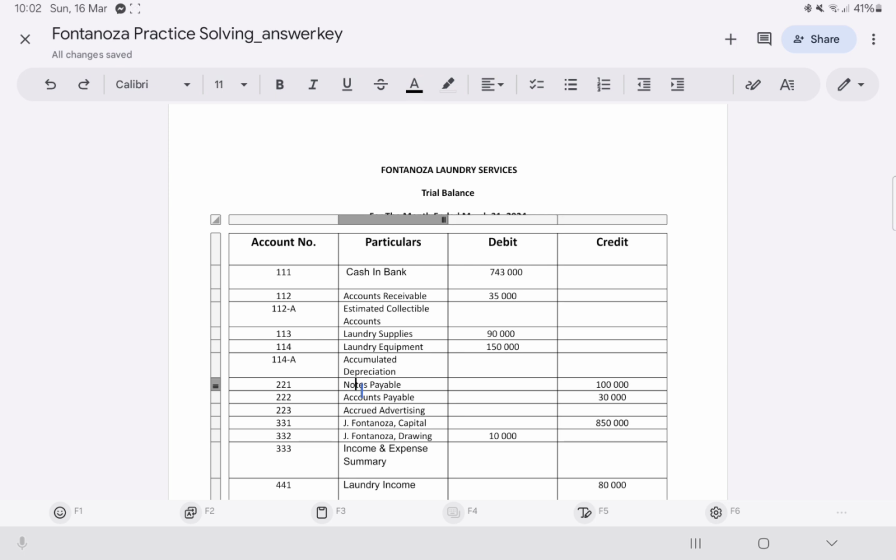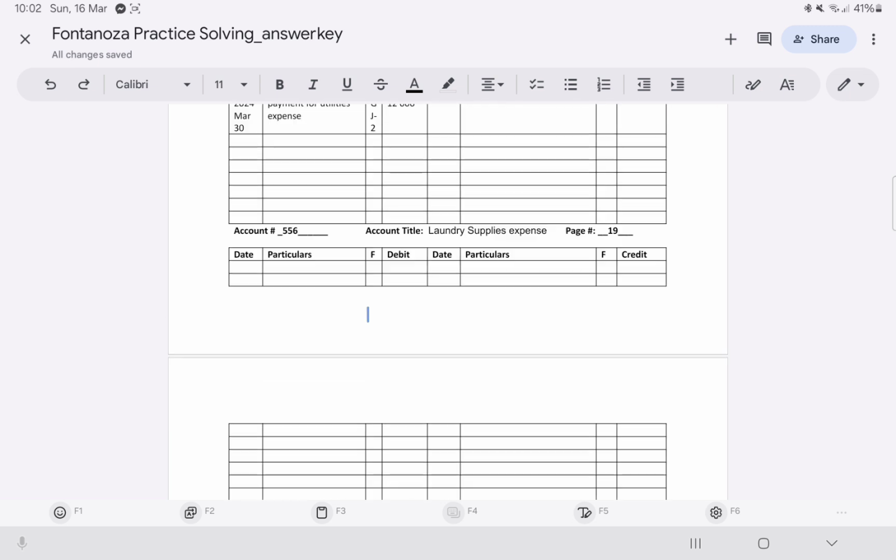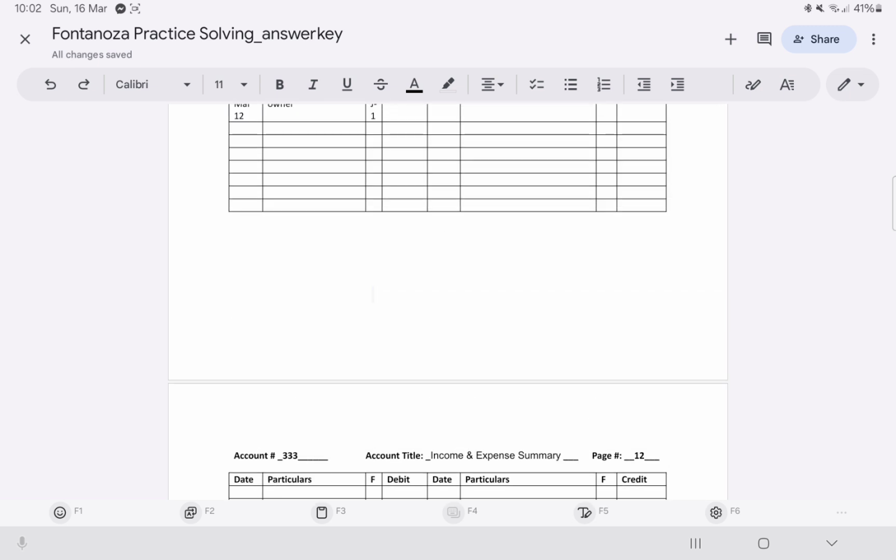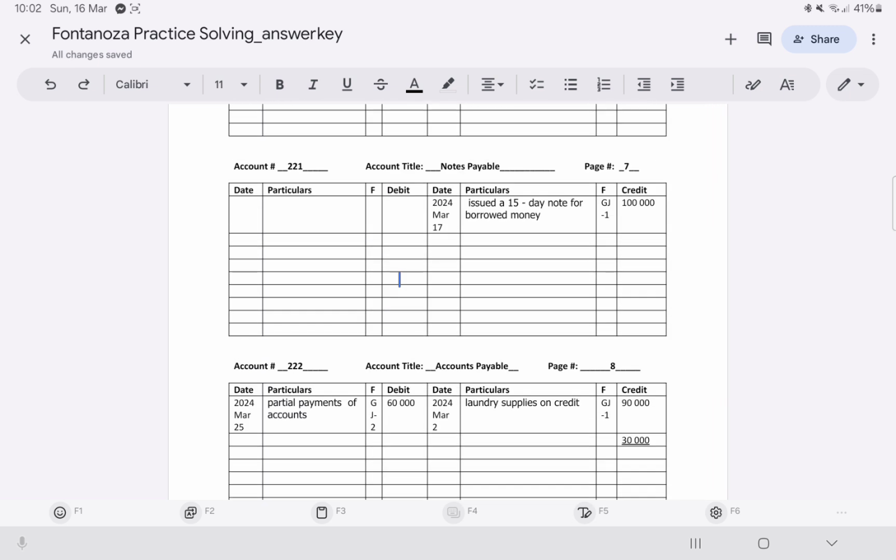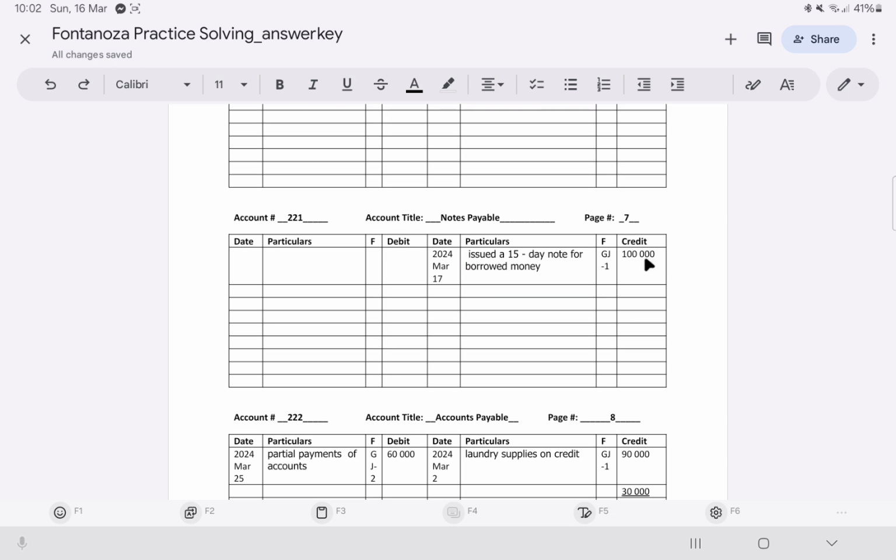And we have 221-222, accounts payable, and the notes payable and accounts payable. And it should be systematically in order. And 100,000, 30,000. So let's check the notes payable and accounts payable. So notes payable, the credit, okay, 100,000, and accounts payable credit 90,000.